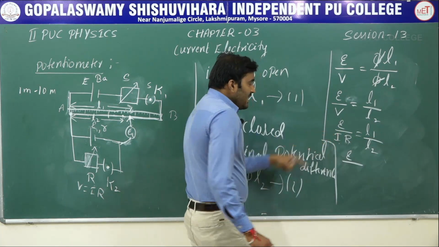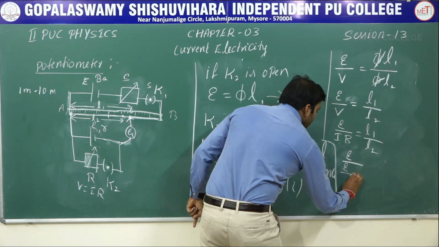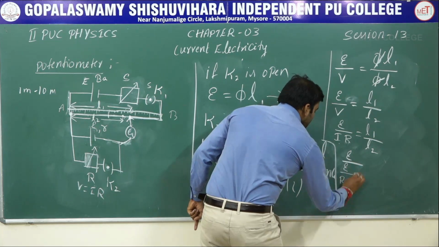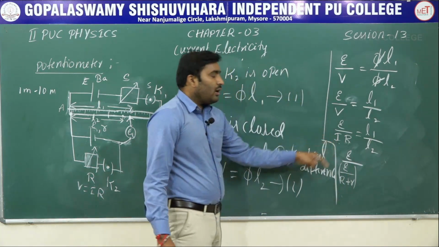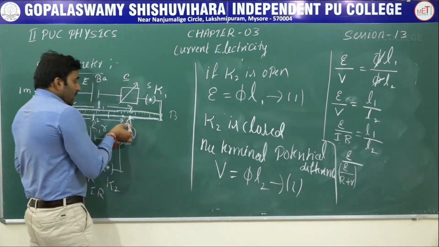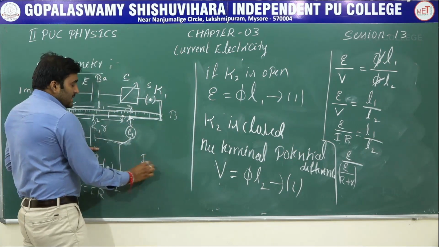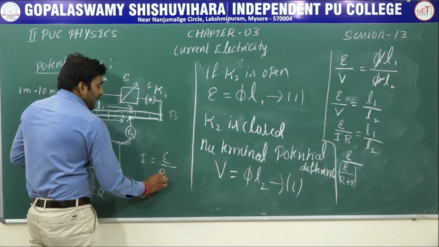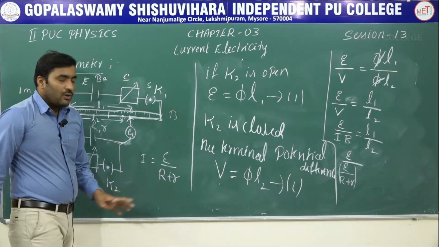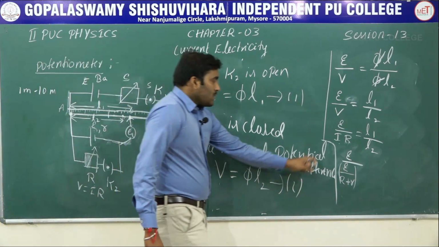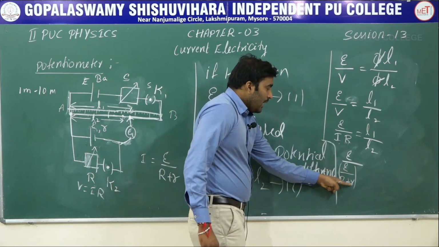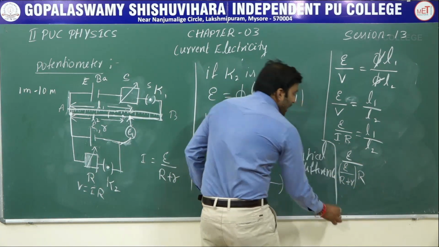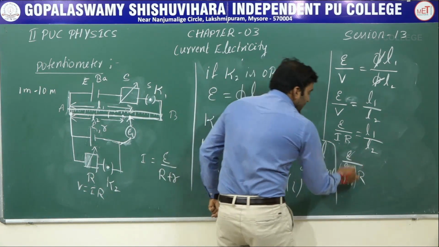Let me write this I as E divided by R plus r, because we know the equation for current flowing through the cell. Current flowing through the cell is equal to E divided by R plus r. We have deduced this equation in the previous classes. So I is E divided by R plus r, multiplied by R. We can cancel E and E now.